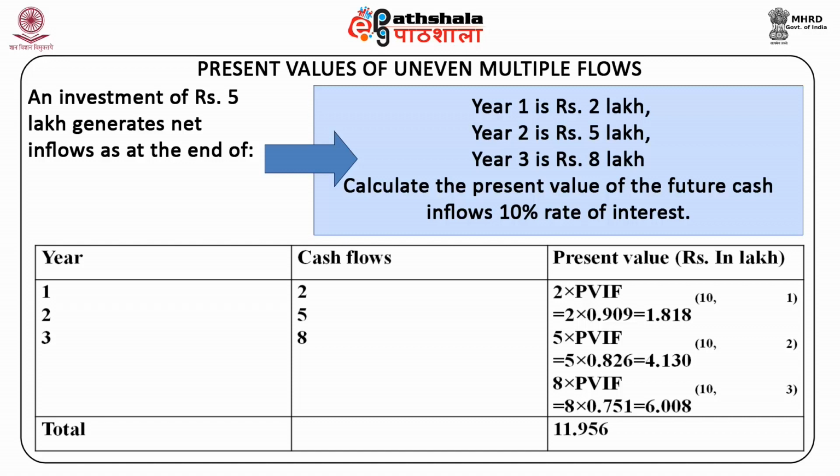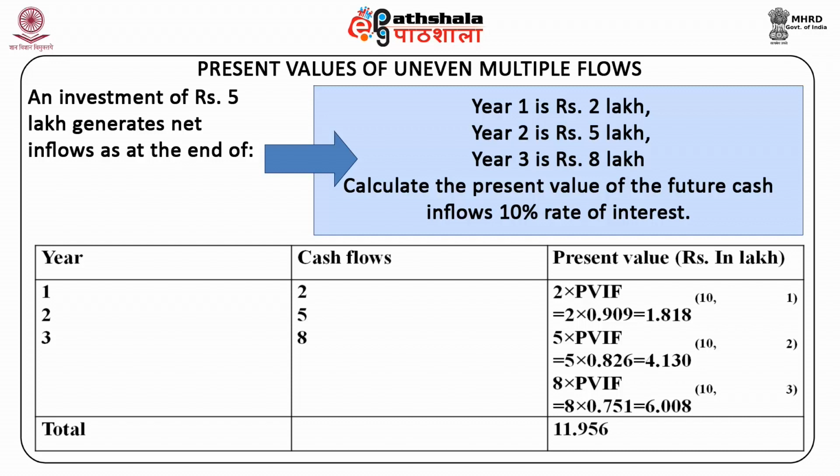Years 1, 2, 3 are given, cash flows are 2, 5, 8, and the present value is calculated in the third column. 2 into PVIF 10.1, which is equal to 1.818; 5 into PVIF 10.2, 5 into 0.826 is equal to 4.130; 8 into PVIF 10.3 is equal to 8 into 0.751, which is equal to 6.008.